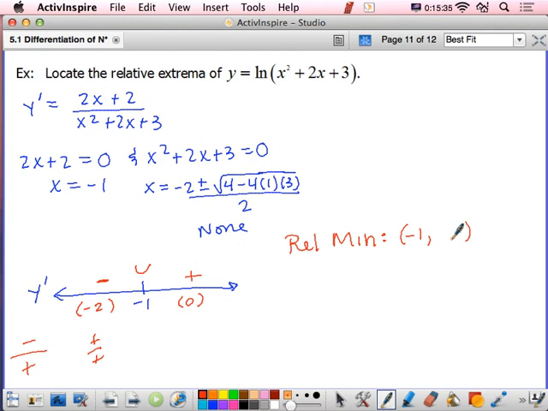So if I put negative 1 in, I get 1, 4, 2. I get the natural log of 2. Check it for me. You know I don't multiply and add well. Come on. Negative 1 squared is 1. Minus 2 is negative 1. Plus 3 is 2. So the natural log of 2. There's the relative minimum. And that pretty much wraps up this section.